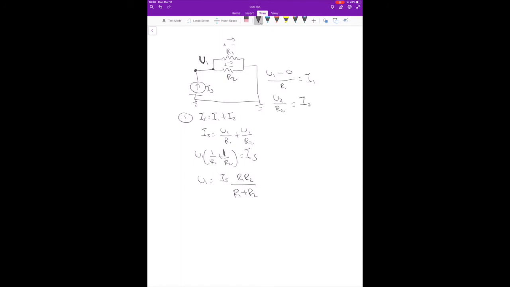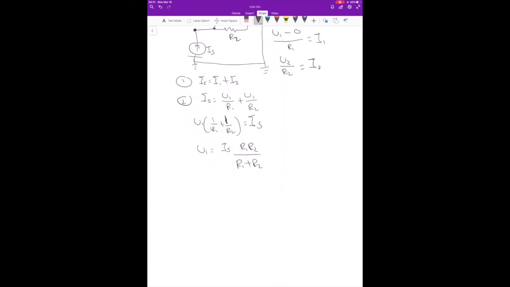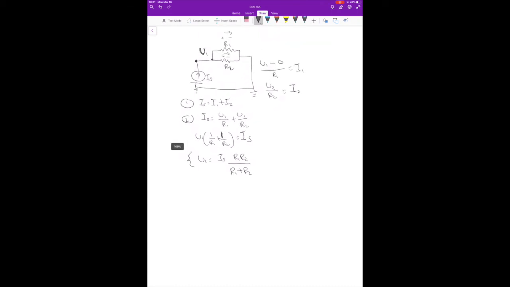So here we're really taking advantage of the fact that they're in parallel, so they have the same voltage across them. So now we have this second expression, equation 2, and now we're just going to solve for U1. So we get U1, and then we factor out the 1 over R1 plus R2, do some algebra, and get this expression for U1.